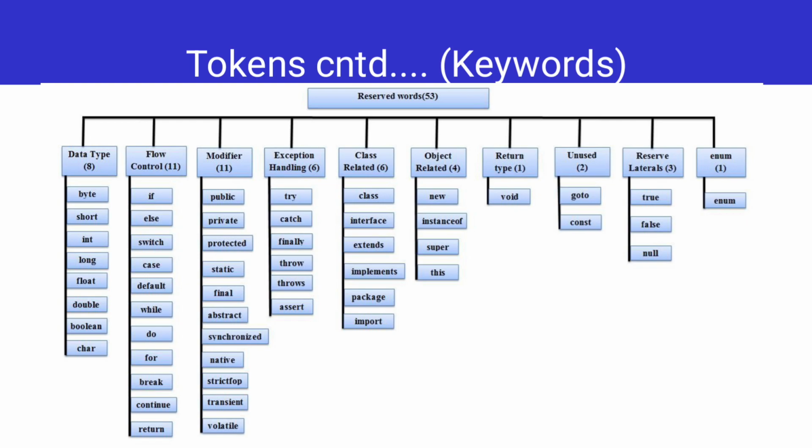In unused, the keywords are goto and const. These two keywords are rarely used in Java programming. Now the reserved literals: true, false, and null. Now the next category is enum. In this category there is only one, enum.